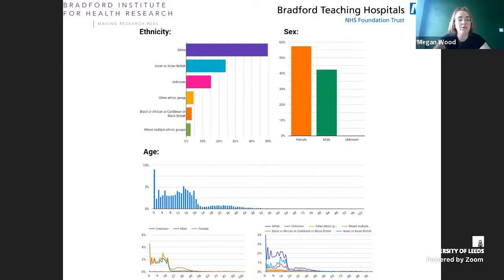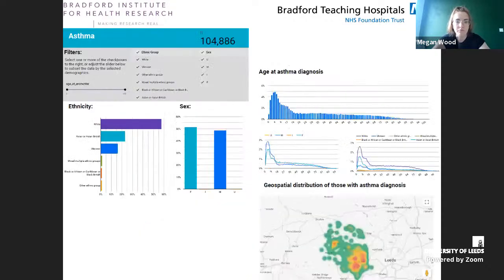And these dashboards serve a dual purpose. So firstly, they allow us to sense check our data before they're released into the wild. So for example, here we can take a look at the demographics of a more specific cohort of individuals, so those diagnosed with asthma. And we can see how many individuals there are in the whole data set. So we have over 100,000 individuals who we have data on that they've been diagnosed with asthma.